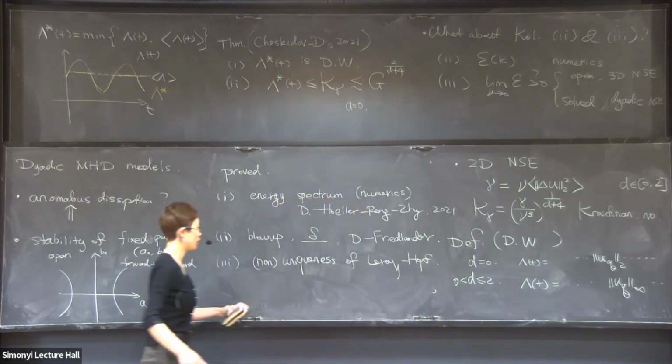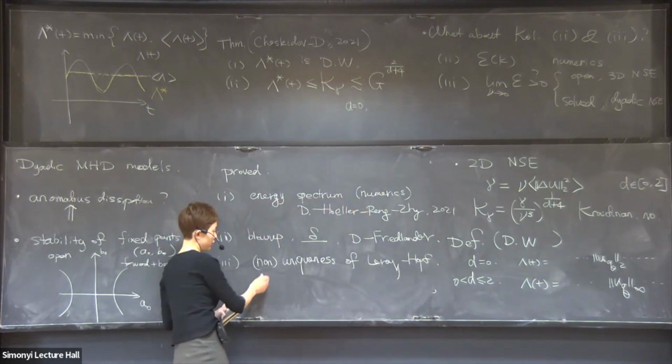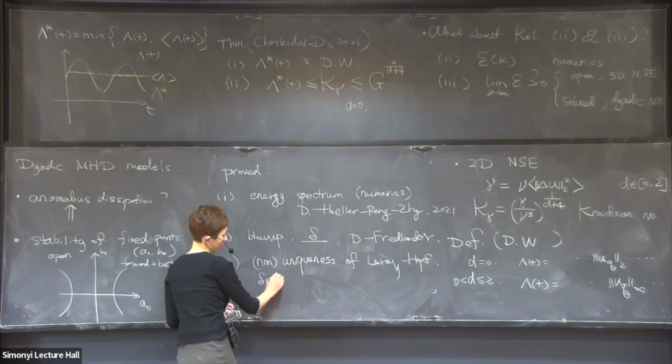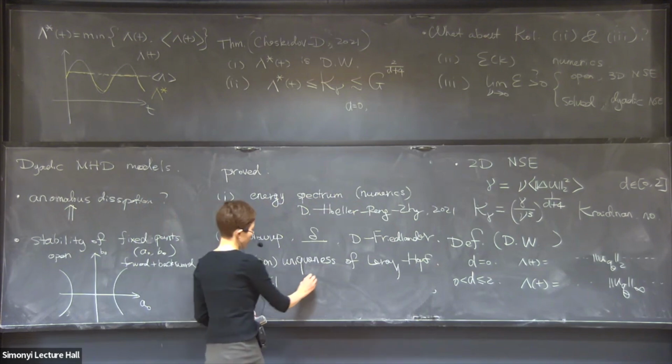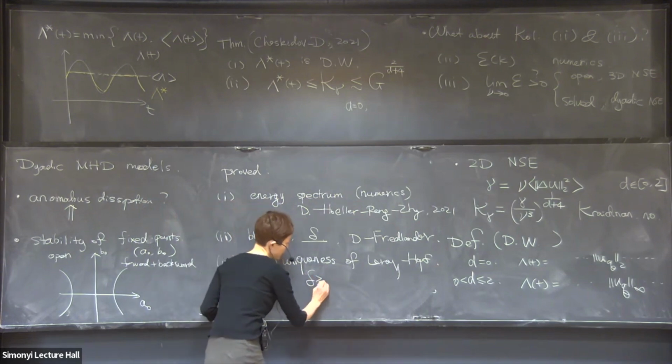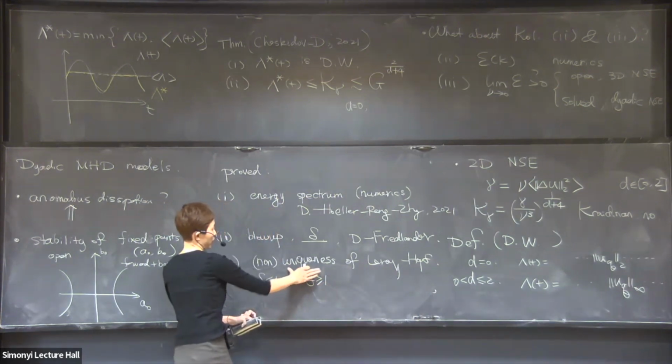And here we found a sharp threshold. When the intermittency is less than 1, we construct non-unique Leray-Hopf solutions. When the intermittency is greater than or equal to 1, then we have uniqueness.